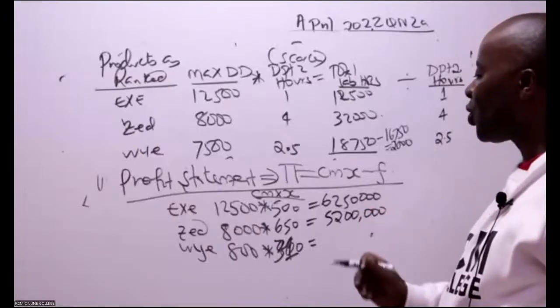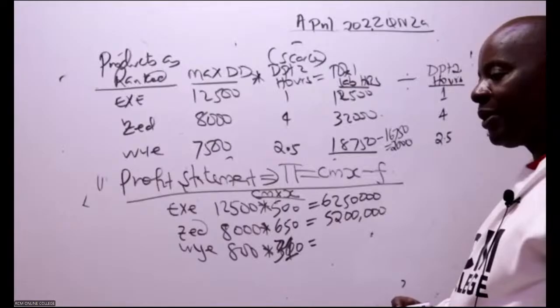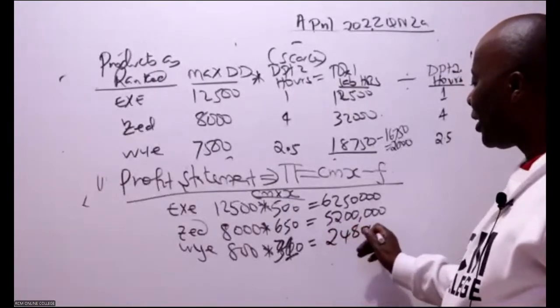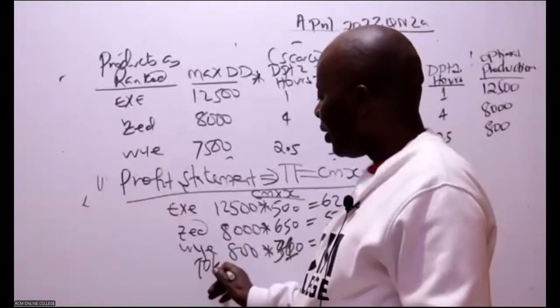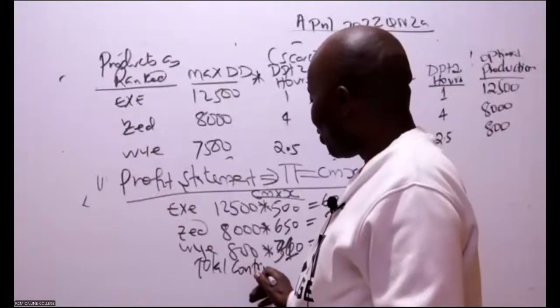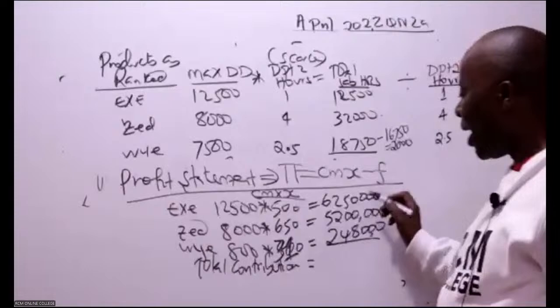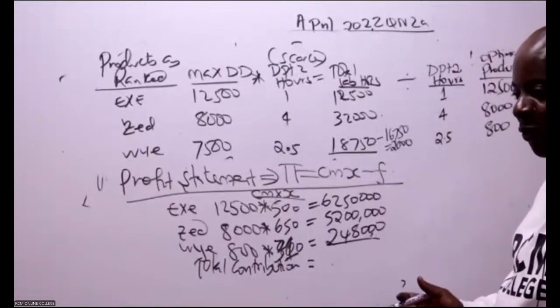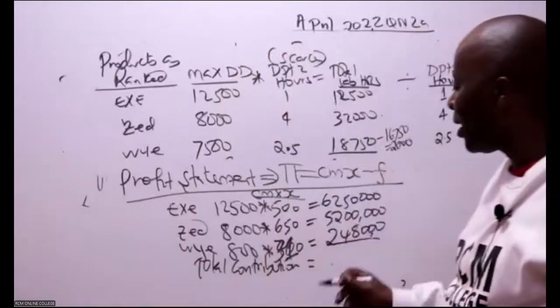Thank you very much. And then we have 800 times 310, giving us 248,000. So are you able to give me the total contribution? You add the three, because all the products will be contributing to our profitability. So we have here 11,698,000.